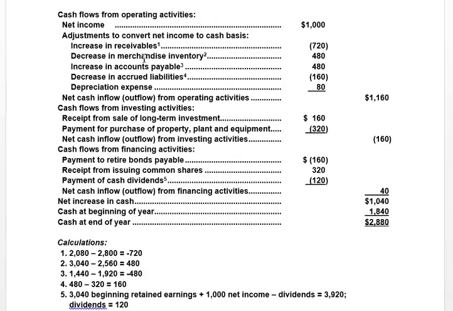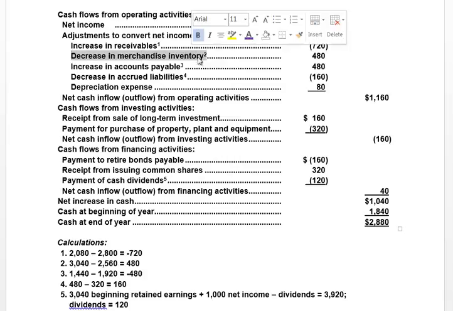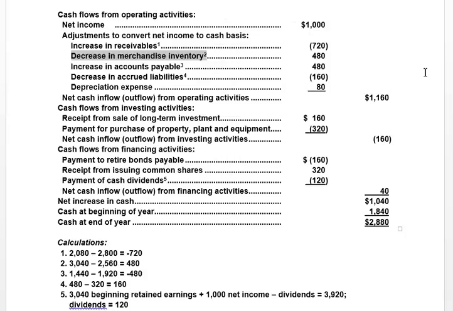We also see that we have a decrease in merchandise inventory. So when our merchandise inventory decreases, that means we sold more inventory to our customers than we actually purchased. We want to reflect the cost of purchases because that's what's going to be paid out in cash. That cost of purchases is lower than the cost of goods sold. When our merchandise inventory decreases, we debit cost of goods sold and we credit inventory.